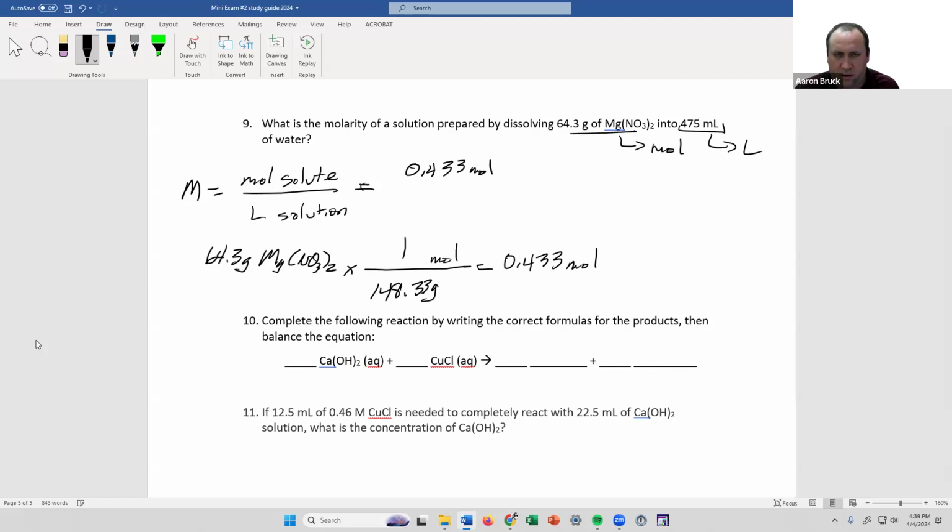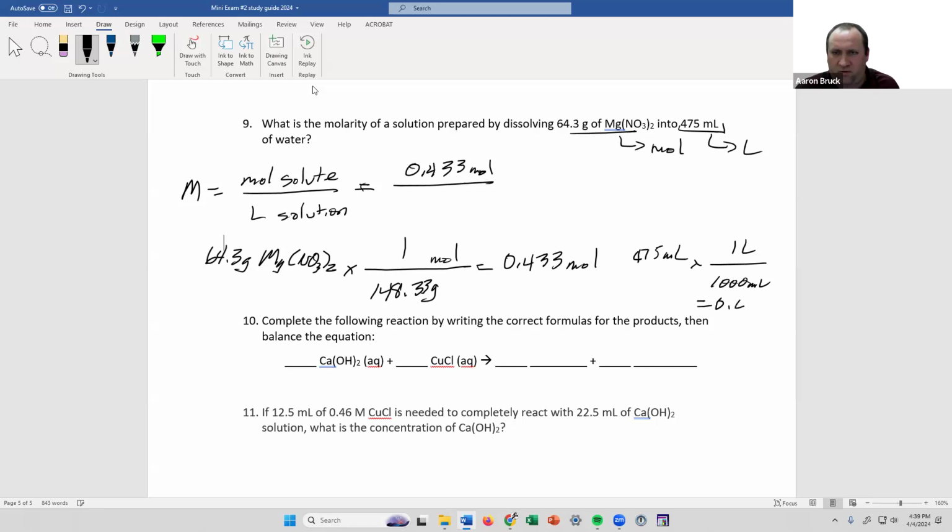So we've got the top part figured out now. What about the bottom part? I need to turn the milliliters into liters. For that, 475 milliliters. There are 1,000 milliliters in a liter.